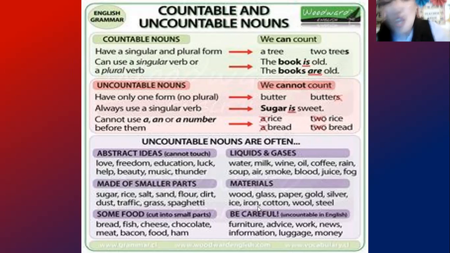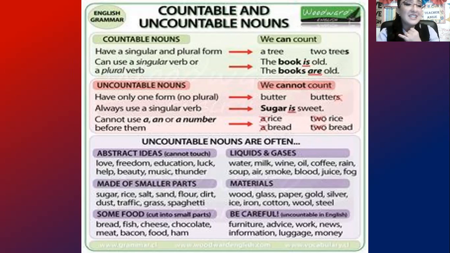Also in English, we have some uncountables like furniture, devices, work, for example, is uncountable. The news, information, luggage, money, intelligence, knowledge, we are not going to be counting that.